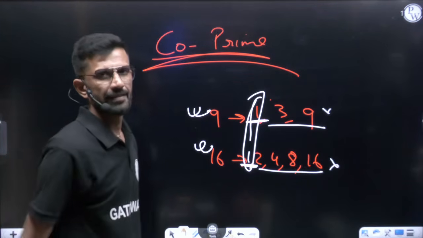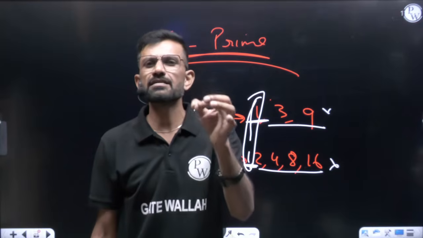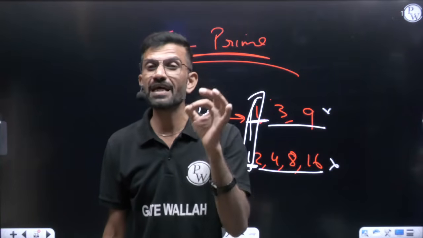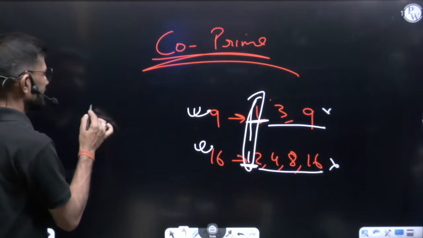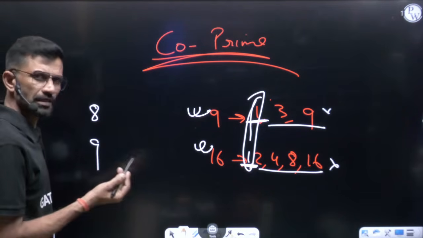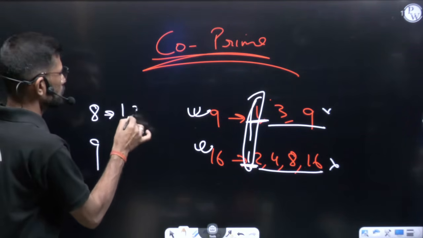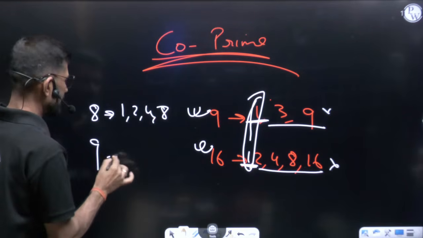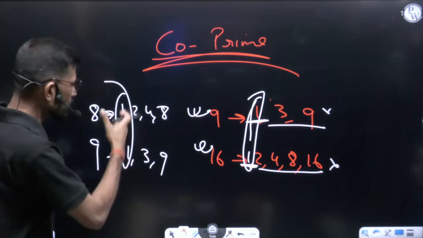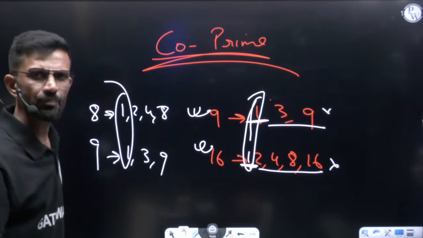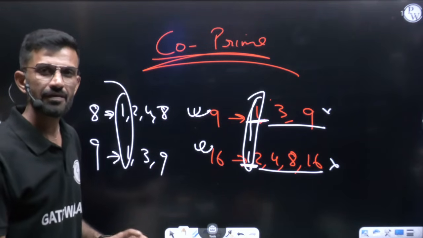One more important thing. Any two consecutive numbers, any two continuous numbers, will always be co-prime. Like for example, 8 and 9. It will be co-prime. 8's factors are 1, 2, 4 and 8. 9's factors are 1, 3, 9. What is common in them? Only 1 is common. No other factors are common. It will be called co-prime numbers. Clear?